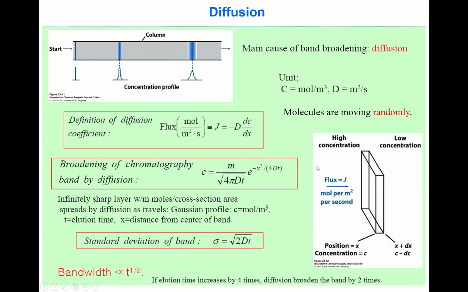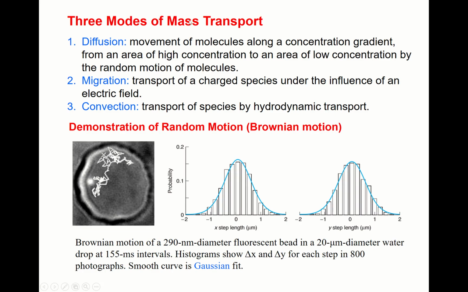Now let's consider diffusion. Diffusion is one of the mass transport modes. Before going deep into diffusion, let's first consider this, which is not shown in the textbook. There are three modes of mass transport.